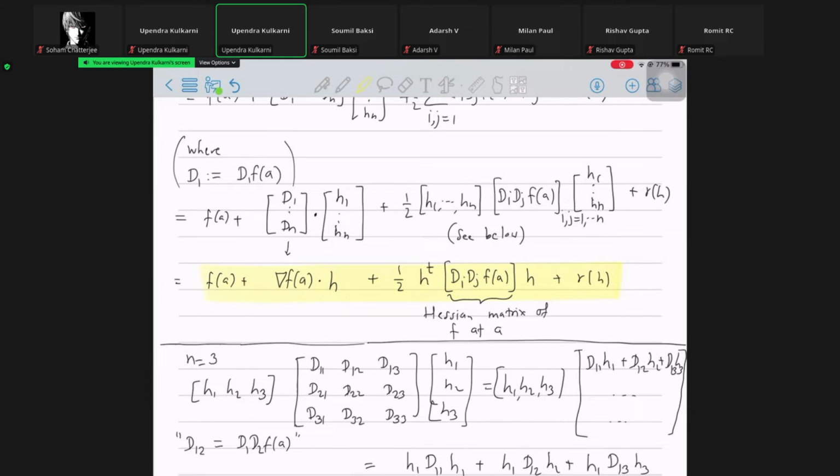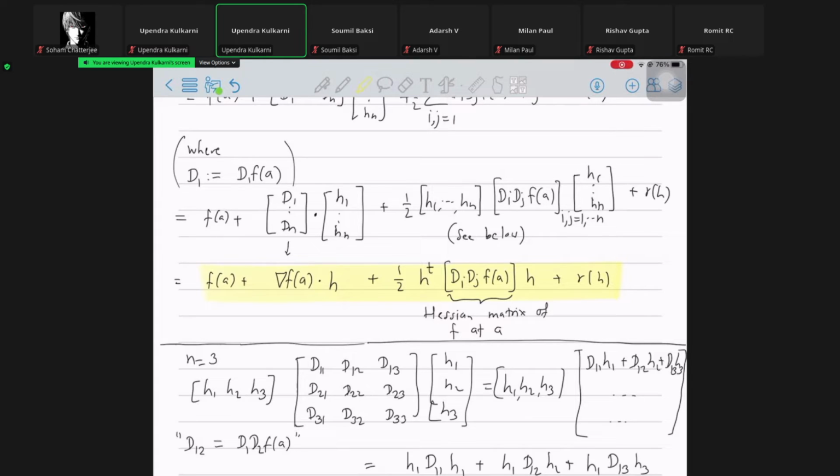What about the second term? What happens to that? We are at a critical point, so the gradient is 0. Gradient f prime of a, it's really the same thing, one is the transpose of the other. So that term is 0. That remainder term, we know it is bounded by some constant times norm of h the whole cube. So if I divide it by the norm of h the whole square, then that term goes to 0 as h approaches 0. So I have some bound on that.